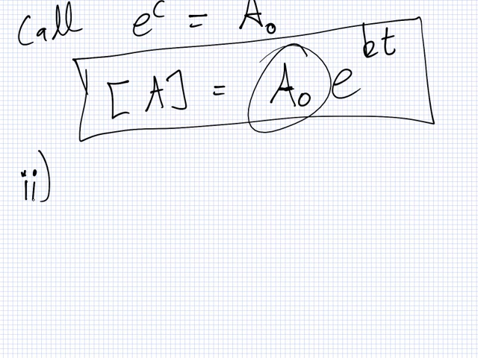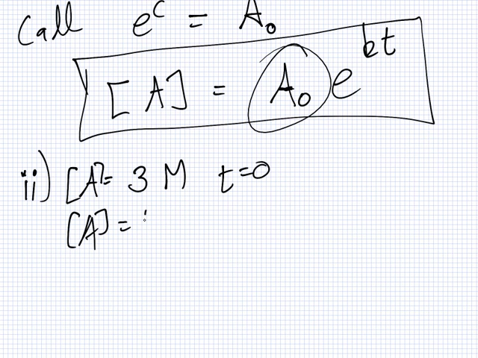I would say something like A equals 3 molars at the beginning, and then the concentration equals 1 molar one minute later.